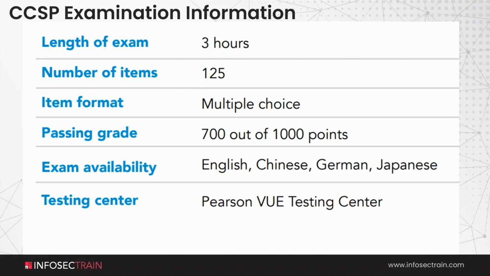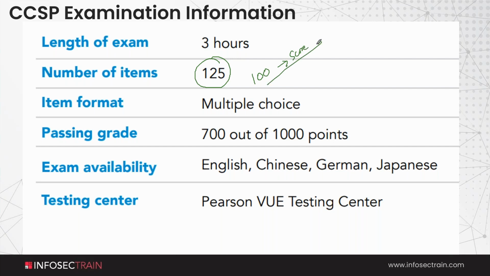When you go for this exam, there are two things to keep in mind. First, the examination consists entirely of multiple choice questions. Second, out of these 125 questions, around 100 questions are where you get the actual score.